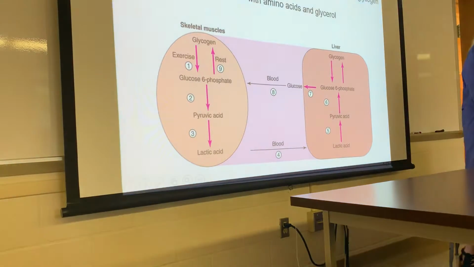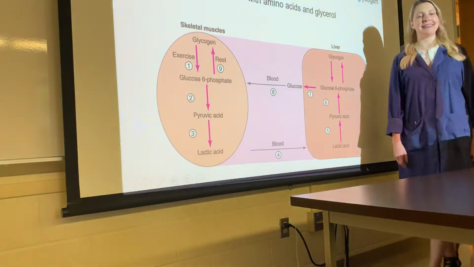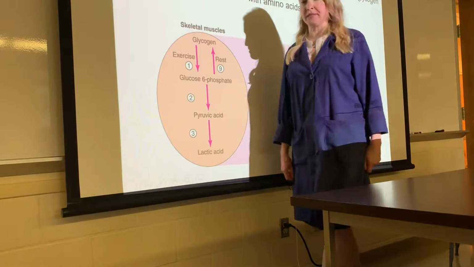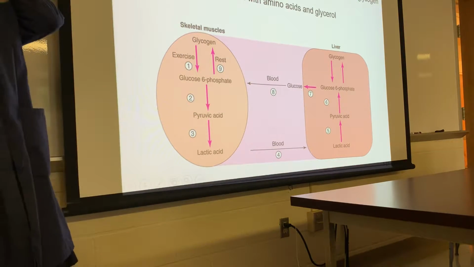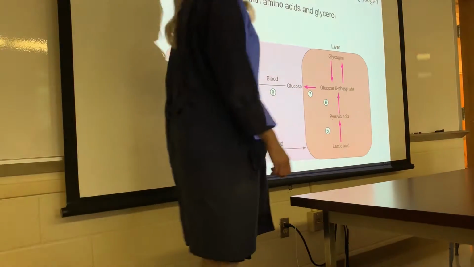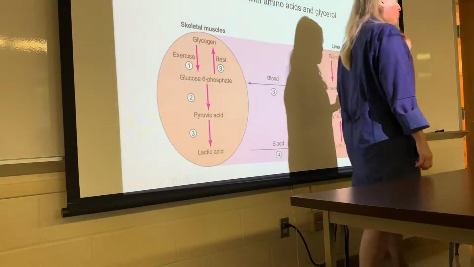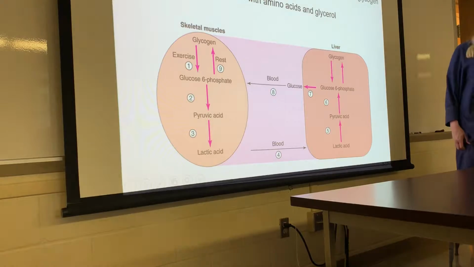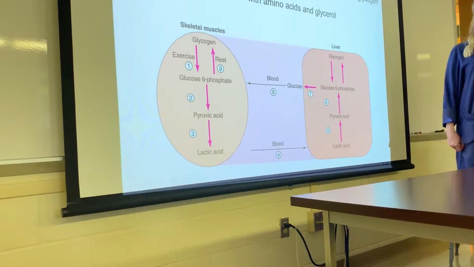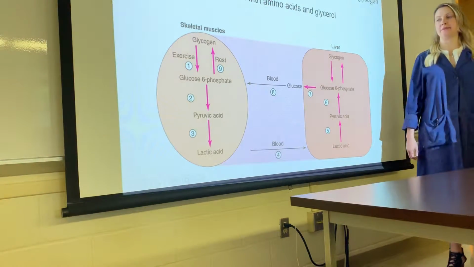All right, so now we're going to talk about another process, which is pretty interesting, called gluconeogenesis. This literally means that we're making new glucose, we're generating new glucose from something that isn't a carbohydrate.